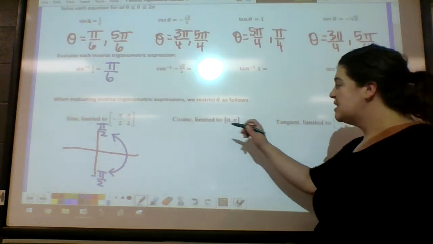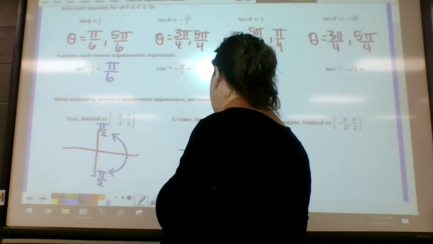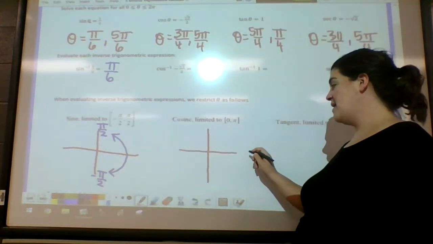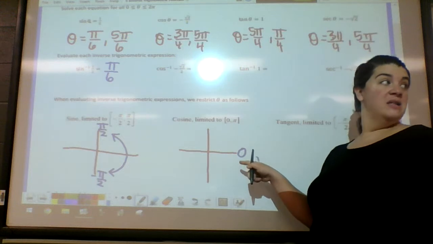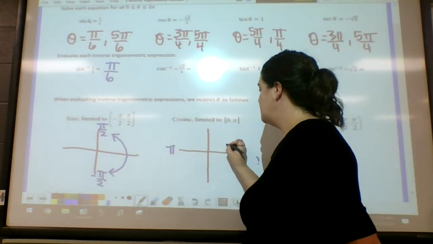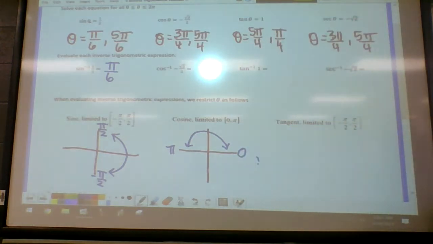All right, the cosine is also limited. So cosine inverse is also limited between 0 and pi. Where's 0 at? Over here, right? Pi is over there, and so cosine inverse is only in those two quadrants, which would be Q1 and Q2.